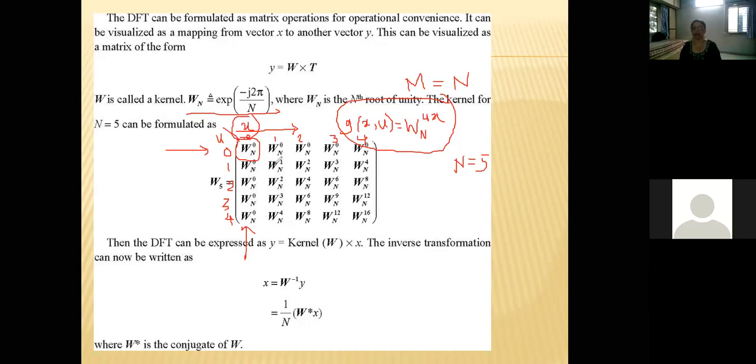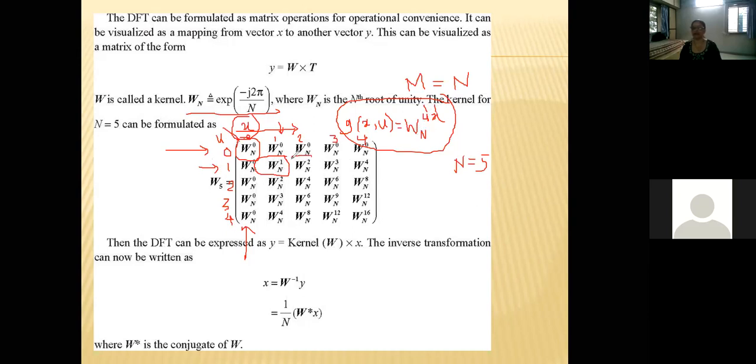Now, how are we obtaining the next terms? Let us consider one term here. For this location, u is 1 as well as x is 1. So simply substituting u as 1, x as 1, we get Wn raised to 1.